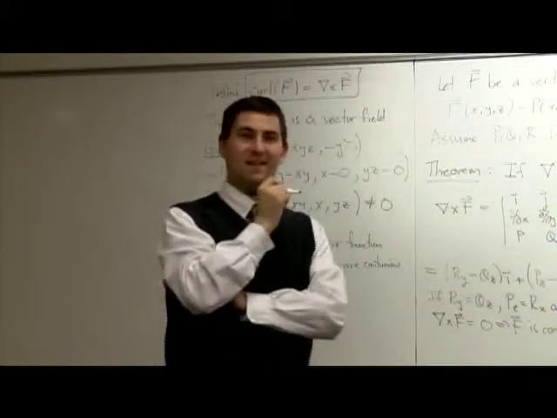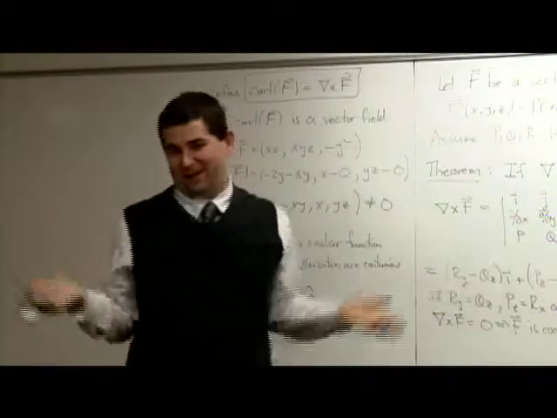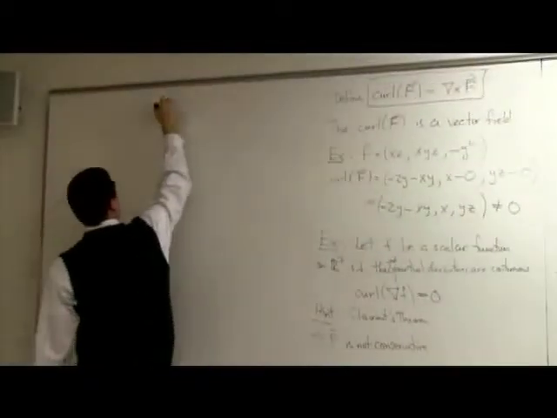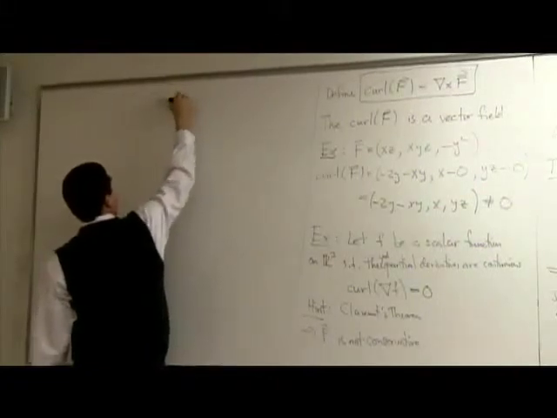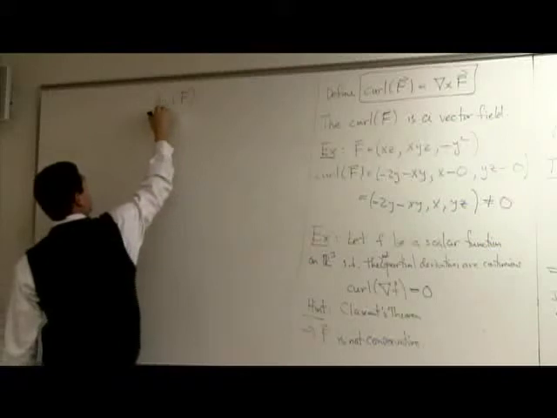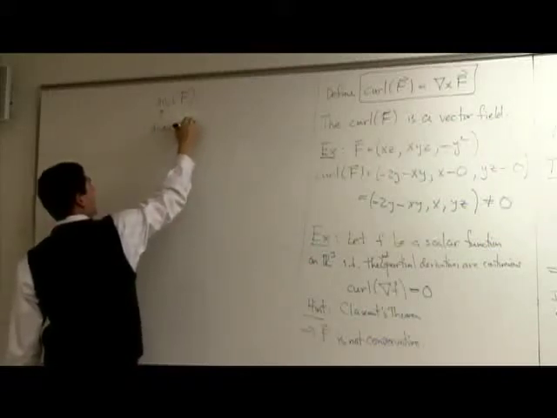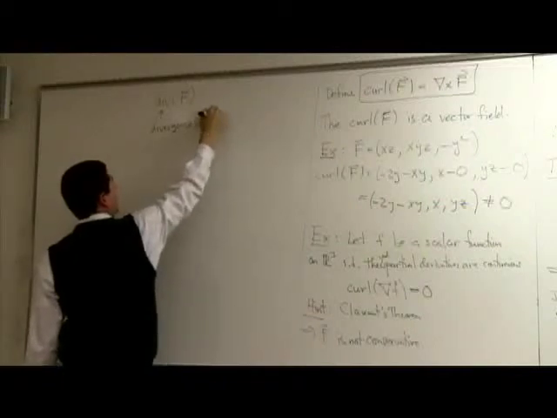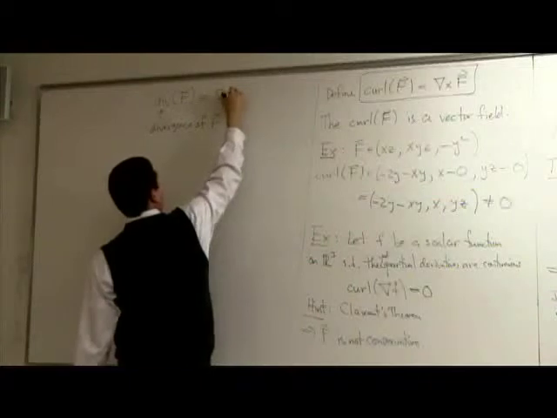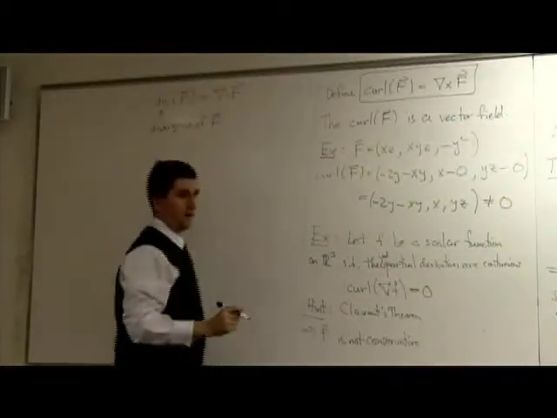Yeah, the dot product. If the gradient is important, the dot product could be important. Okay. So we're going to define something called the divergence of a vector field. And it's going to be the dot product of the gradient and the vector field.